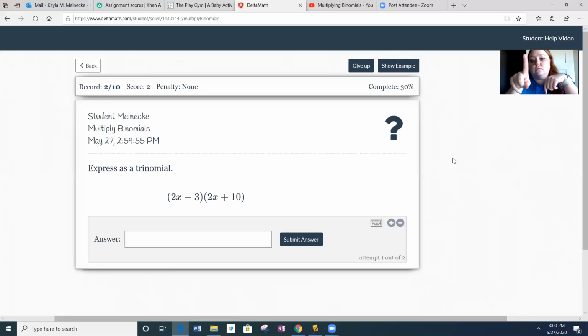So 2x times positive 10, which is positive 20x, period. Next, we multiply negative 3 times 2x, which is negative 6x. And finally, we multiply the last two terms, which is negative 3 times positive 10, which equals negative 30.